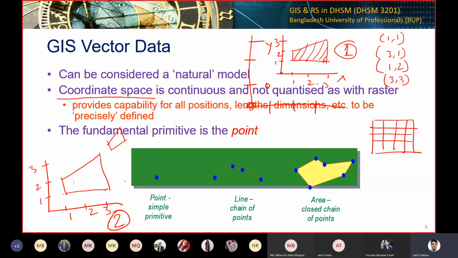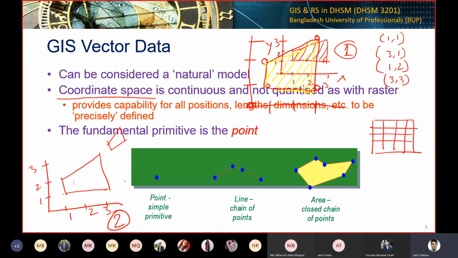So 1, 1, 3, 1, then 2, 1, and 3, 3. Now when you are projecting the data collected in coordinate system 1 into coordinate system 2, it maps in this shape. Let me draw it this way. So that's your region now, but in reality it's actually located in this location.